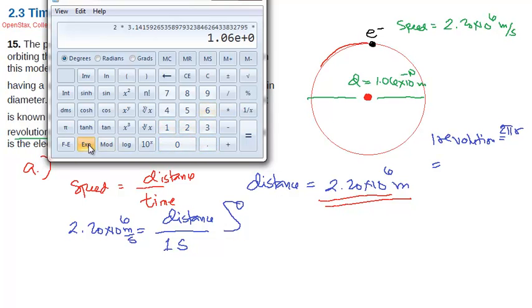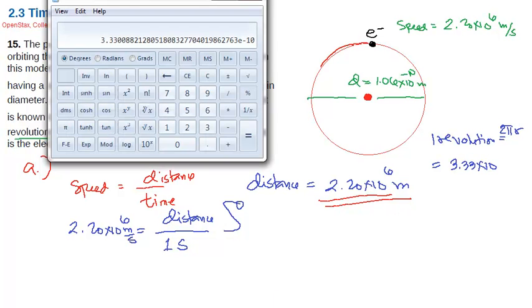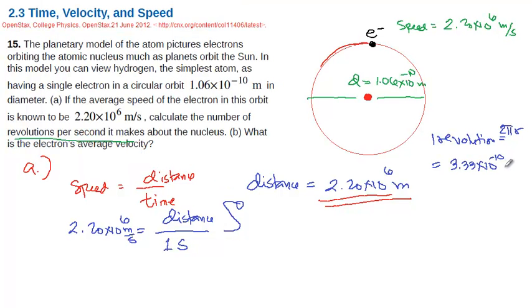Let me calculate that again: 1.06 times 10 to the negative 10, divided by 2, because that's not the radius. Per revolution, I'm getting 3.33 times 10 to the negative 10 meters.